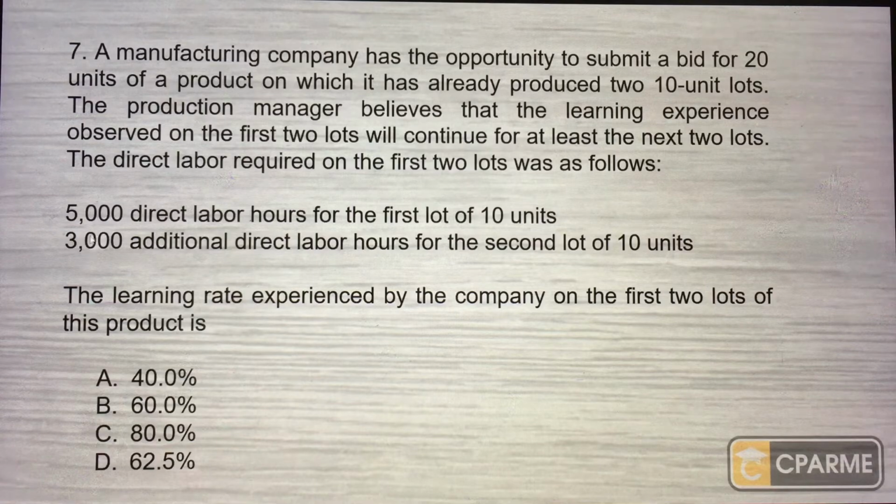We have 5,000 plus 3,000, so it will be 8,000 labor hours for the 20 units. So 8,000 divided by 20, since it is 20 units, is 400 per unit. Then 4,000 divided by 5,000 is 80%. Or this is another computation.